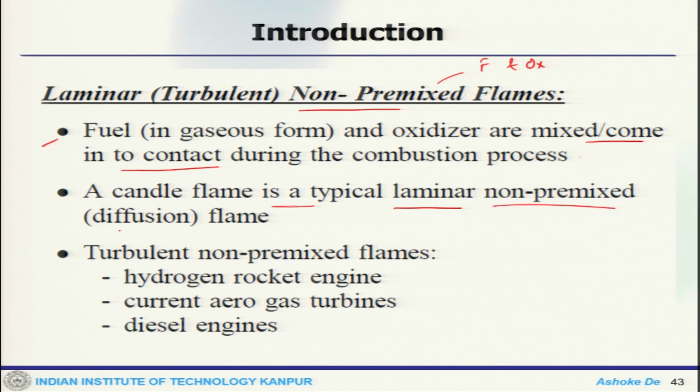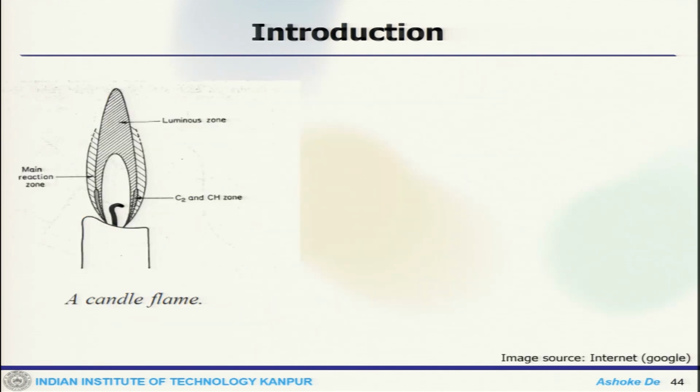And some examples of non-premixed turbulent flames are the hydrogen rocket engine, current aero gas turbines, and diesel engines, which is also from the automobile sector. Combustion in a furnace also comes under non-premixed combustion. These are some of the turbulent applications.